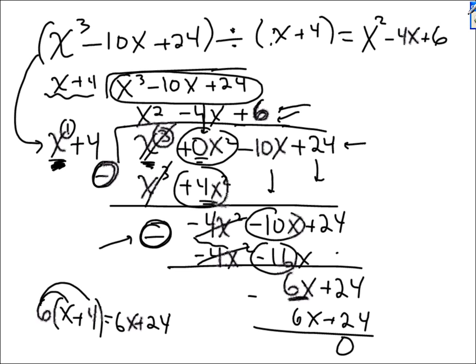And if you wanted to check, just like if you wanted to check 24 divided by 2 and you said 12, you would multiply 2 by 12 and check to see if you get 24. If you wanted to check this, you would multiply x plus 4 by what's the top, what I just put in the brackets, and check to see if you got x cubed minus 10x plus 24.